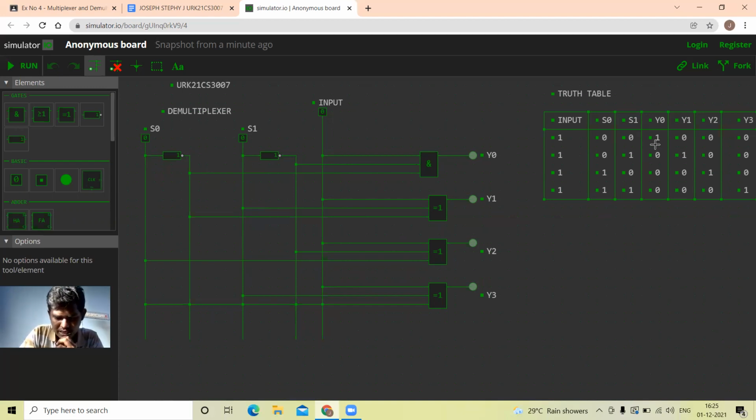In that note, there is an equation, well, not exactly an equation, but the reality is, the two selection inputs we are taking, one input that's always one, and then we are getting four outputs. So I put y0, y1, y2, y3, and then s0 and s1 are selection inputs. So I'm using a NOT gate. So I'm connecting it to the input. I'm using three AND gates.